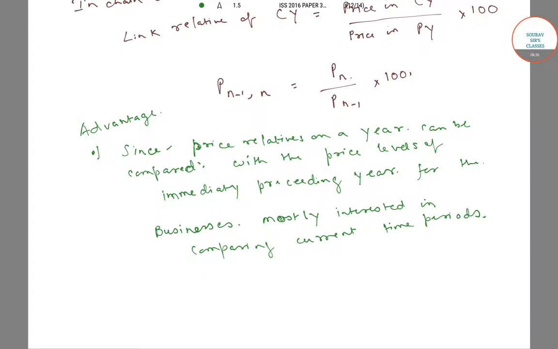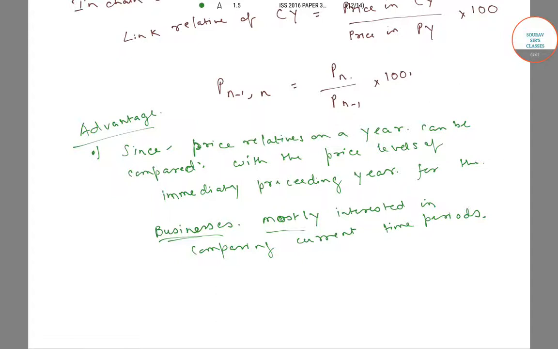This method is very useful for businesses that are mostly interested in comparing the current time periods, that is, time periods that are closer to each other rather than comparing with a time period in the distant past. So for that, this method of chain index number is very advantageous.